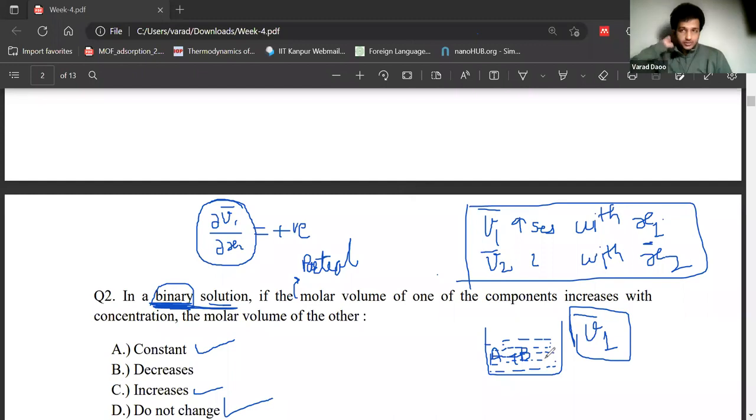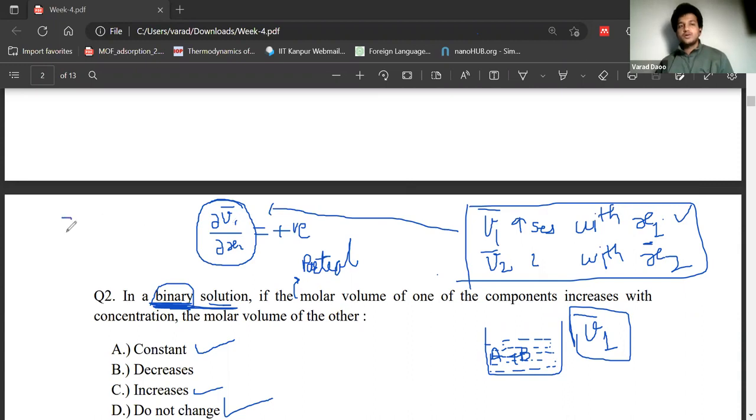So I hope the question is clear to everyone, right? We have a binary mixture containing A and B, and the partial molar volume of one of the components increases with x1. Now what is the correlation between the partial molar volume of the other component with respect to its mole fraction? The hint which I have given is, it has to do something with this derivative.